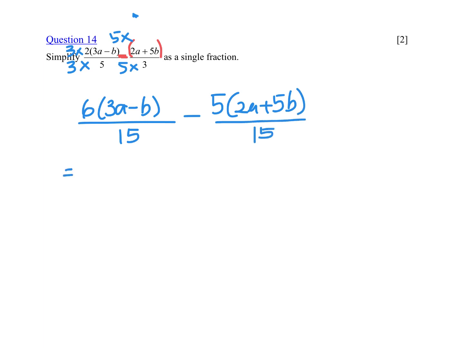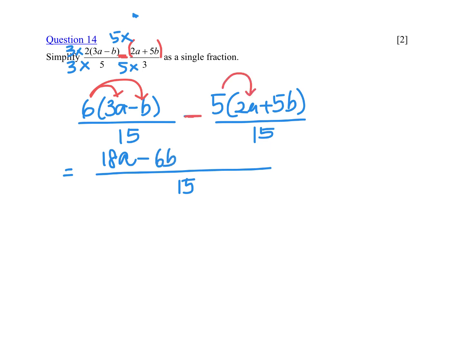For me, I like to combine everything as one single fraction directly, and I do a couple of terms. So 6 times 3, 18a, then 6 times negative b, negative 6b. This one, be a bit more careful. Negative 5 times 2a, negative 10a.